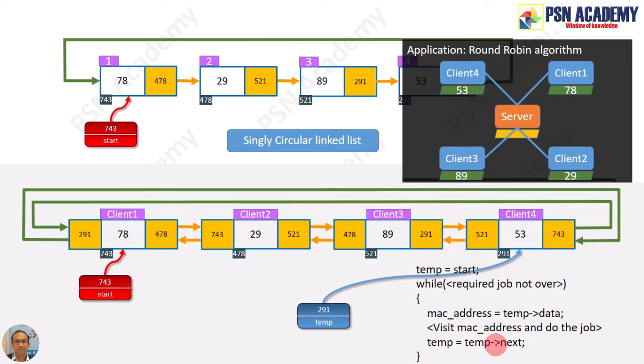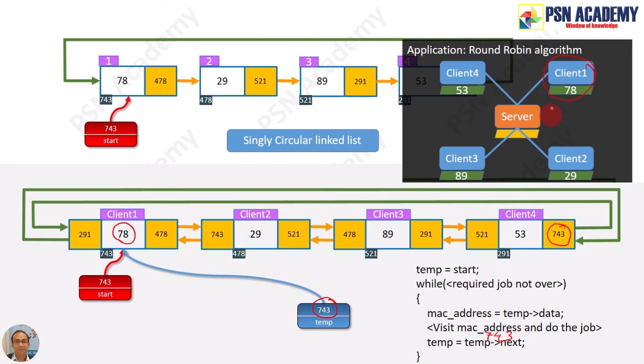So what will be the temp next? You see the temp next is 743, which is the address of the first node. And that node is holding the address of client 1. So you write here 743. So 743 has been written here. And it starts again pointing to the first node to check the machine address 78.